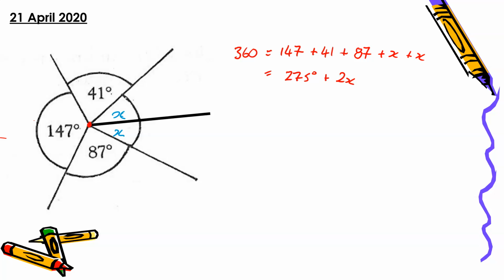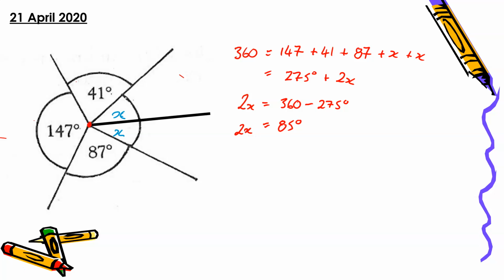So the next thing is to have a look at the x's. Both x's together, 2x, must be equal to 360 take away 275, which gives us 85 degrees. So both those angles together equal 85.